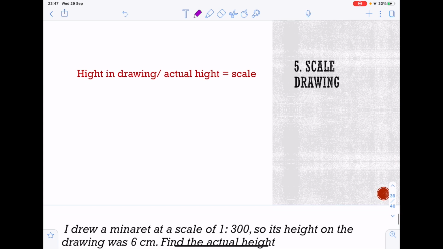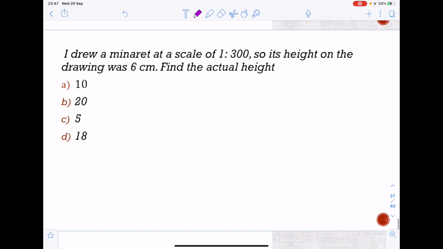Okay, in the scale drawing, we always find the scale of the drawing by using this formula: the height on the drawing divided by the actual height over the scale. Let's see this example. I draw a minaret at a scale of 1 to 300. Its height on the drawing was 6 centimeters.